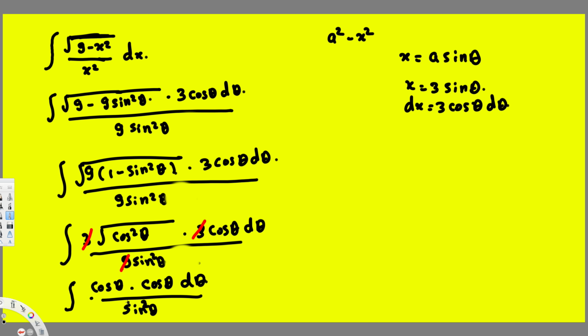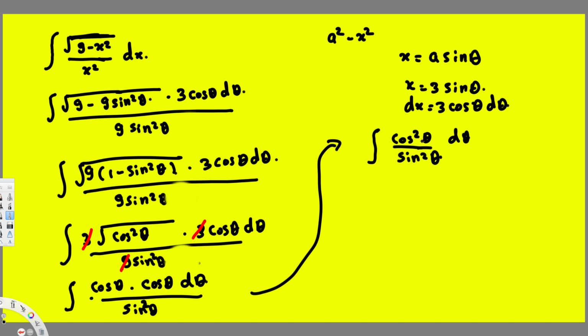Now let's see what we can do from this moment. So we have two cos theta. Let's combine them together. So this is going to be the integral of cos square theta d theta over sine square theta, right? In this form we cannot do anything.